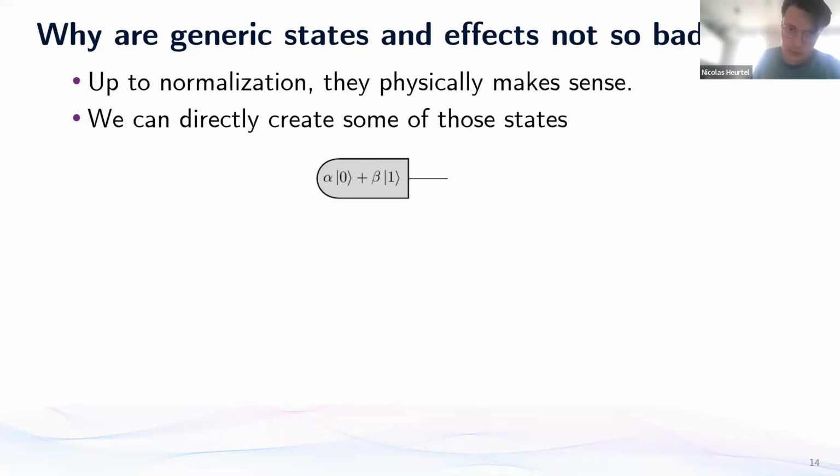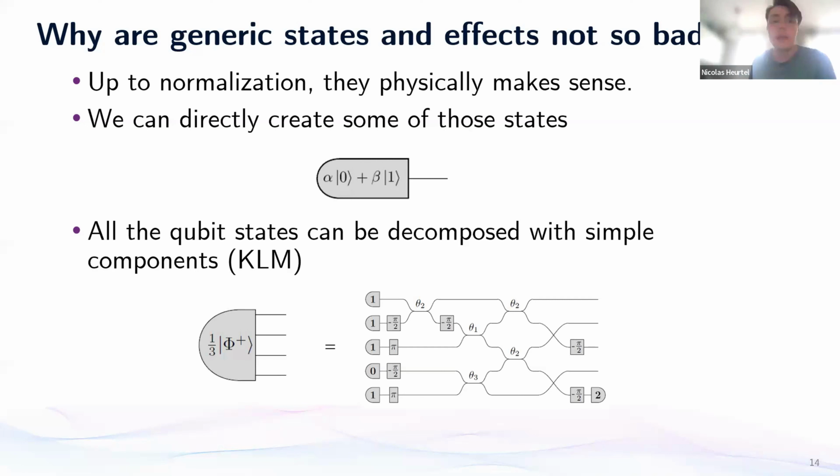So it's not completely absurd to have some superposition directly inside the sources. And also, to go further, optics is very modular. We use some part of circuits just to create one state. And so it will also be very convenient to say, I want to create a Bell state, for instance, Phi plus.